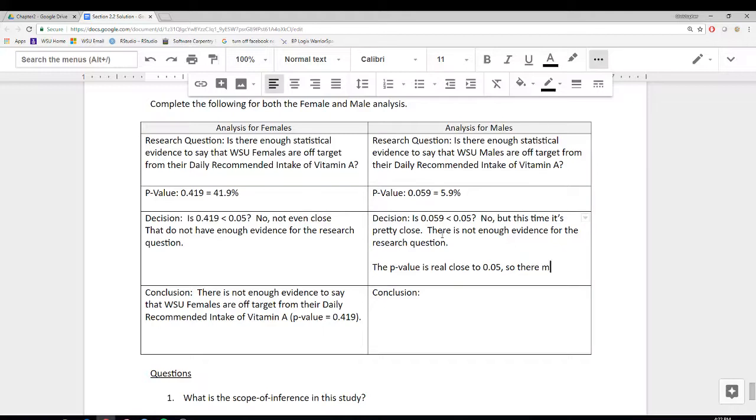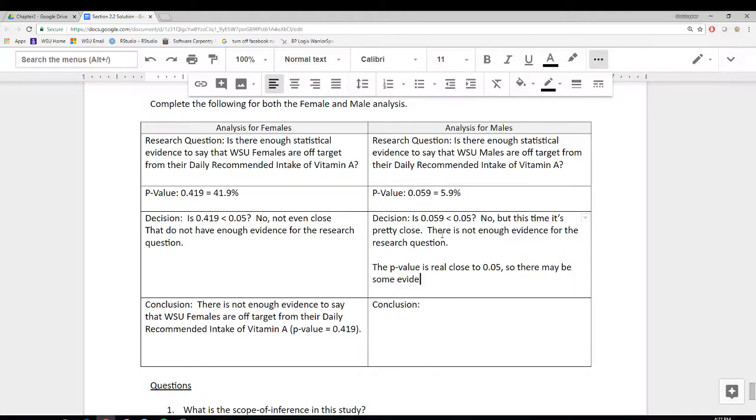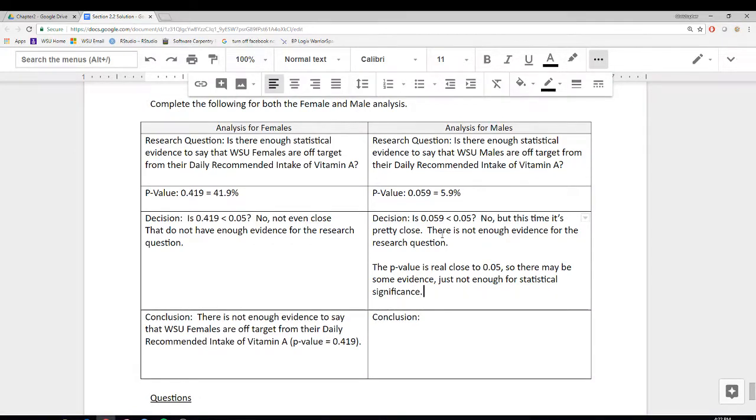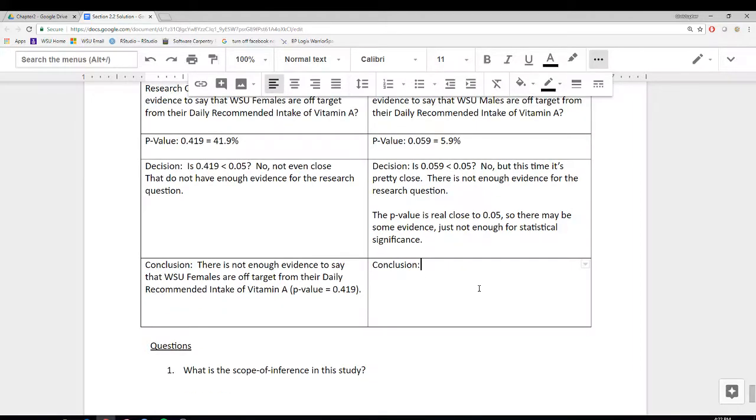So there may be some evidence, just not enough for what, statistical significance? Say it that way. So it doesn't meet that 0.05 threshold that we statisticians stick to, but it is close to that threshold.